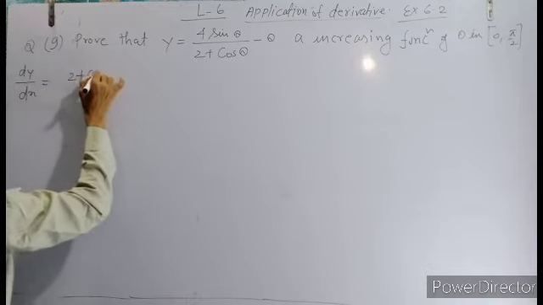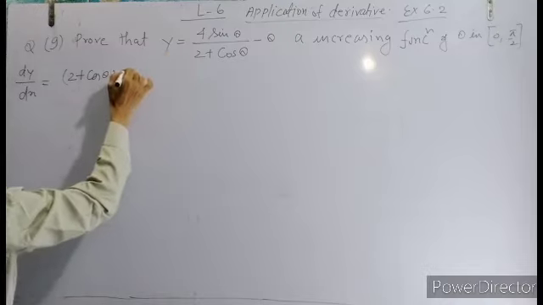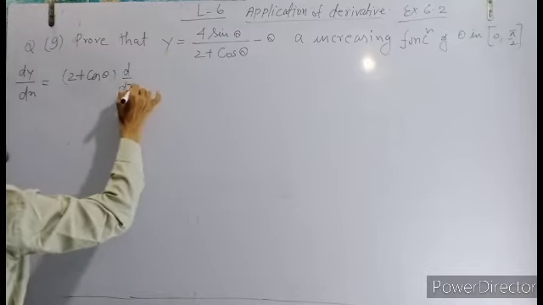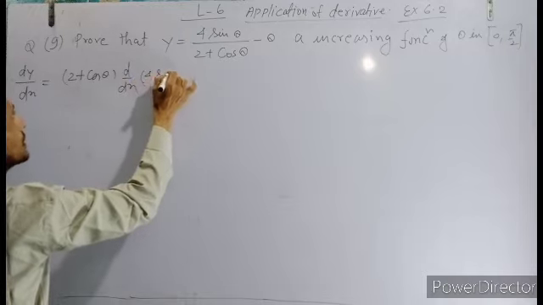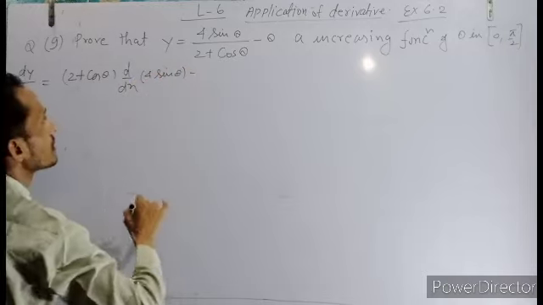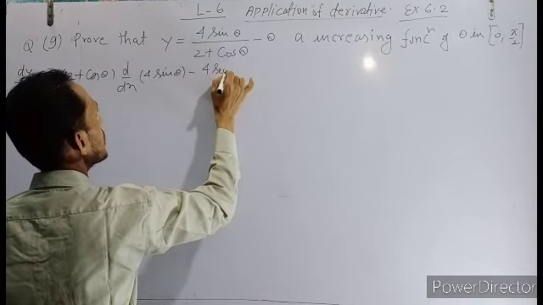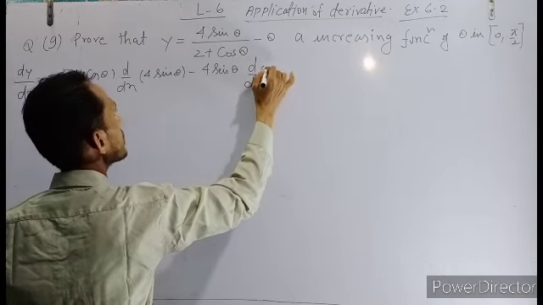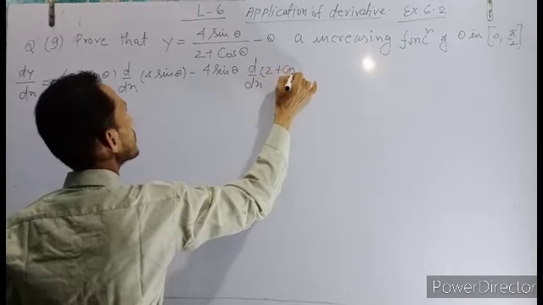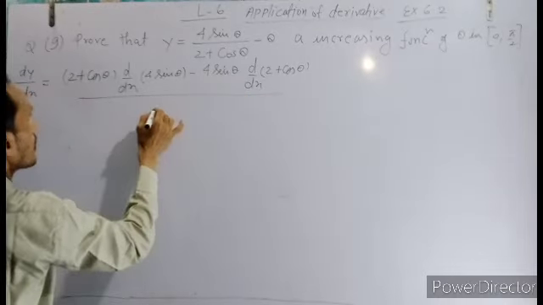Denominator as it is, 2 plus cos theta, into derivative of numerator 4 sin theta, minus numerator as it is into derivative of denominator, upon the square of the denominator.